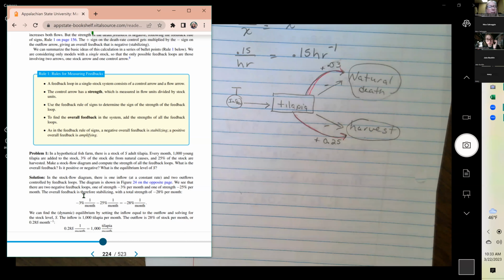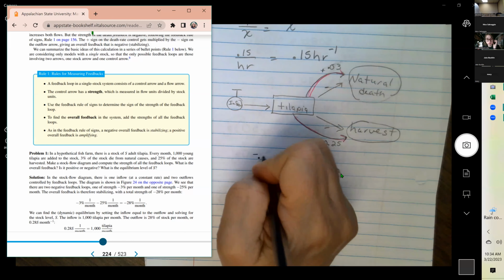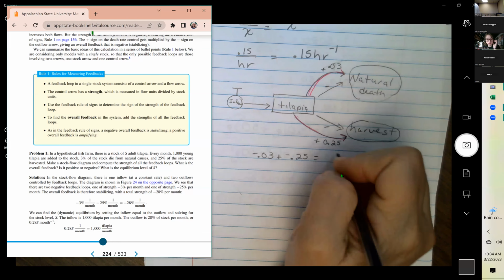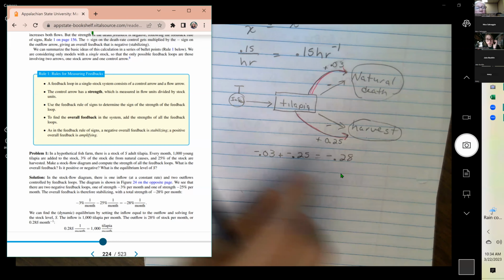The reason they're getting the negatives here is because negative times positive is a negative. So 3% die per month and 25% are harvested per month. And it's negative because they're coming from our stock. You just multiply these together. So they take out 28% every month.